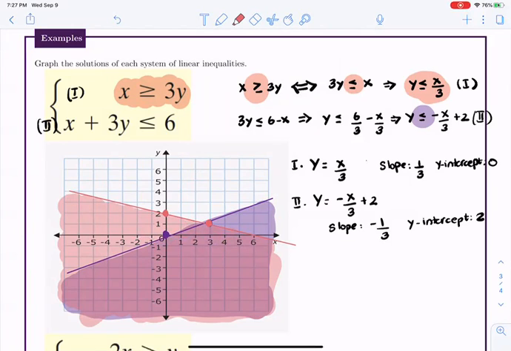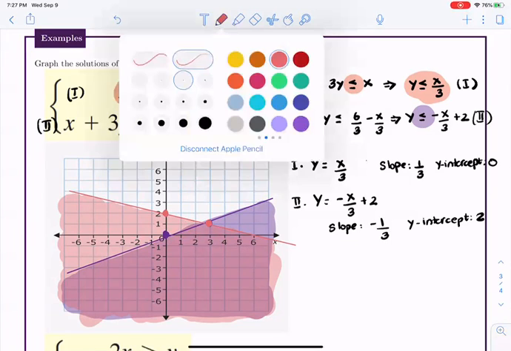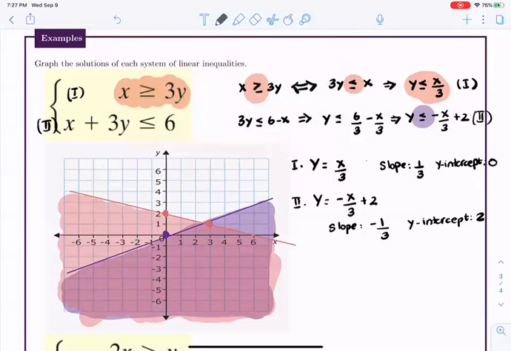And the overlapping region would be the solution. So the most important thing to realize in this problem is the flipping of signs and the inequality that we need to proceed with when we find the solution.